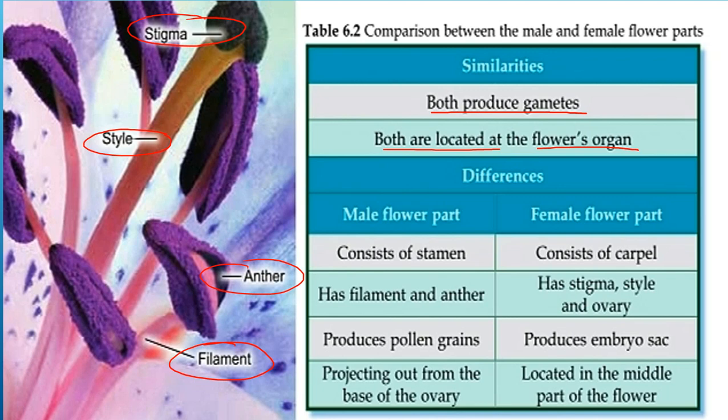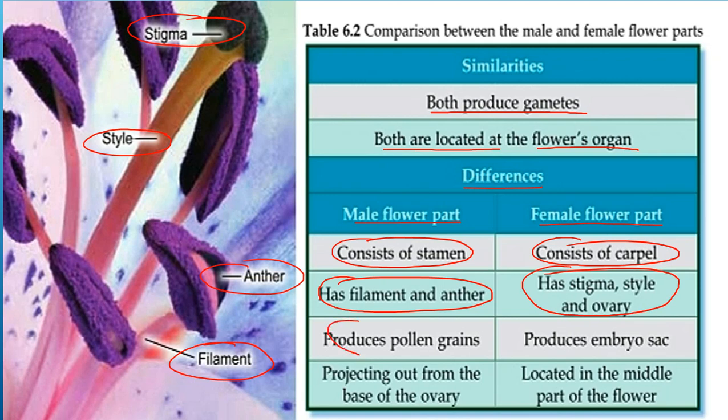So, differences between the male and female flower parts. Male consists of the stamen, female consists of the carpel. These are the reproductive organs for male and female. For the male part, it has the filament and anther. The female has the stigma, style, and ovary.